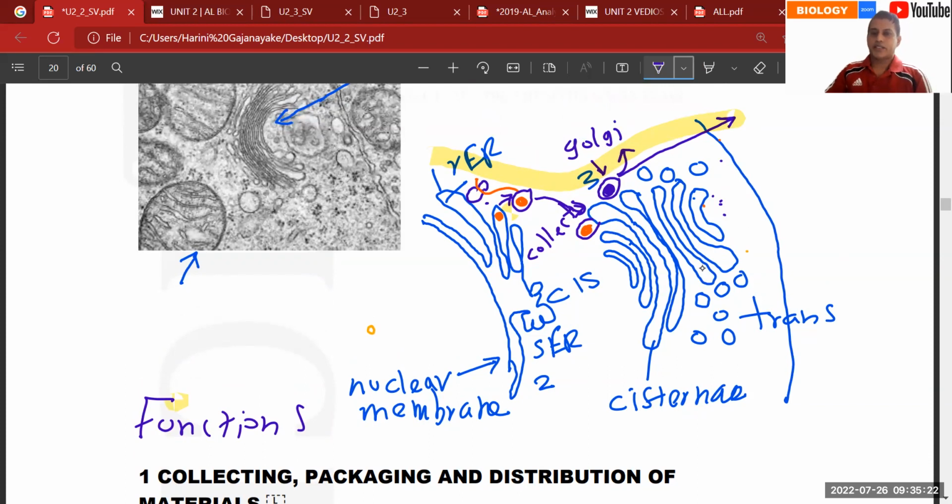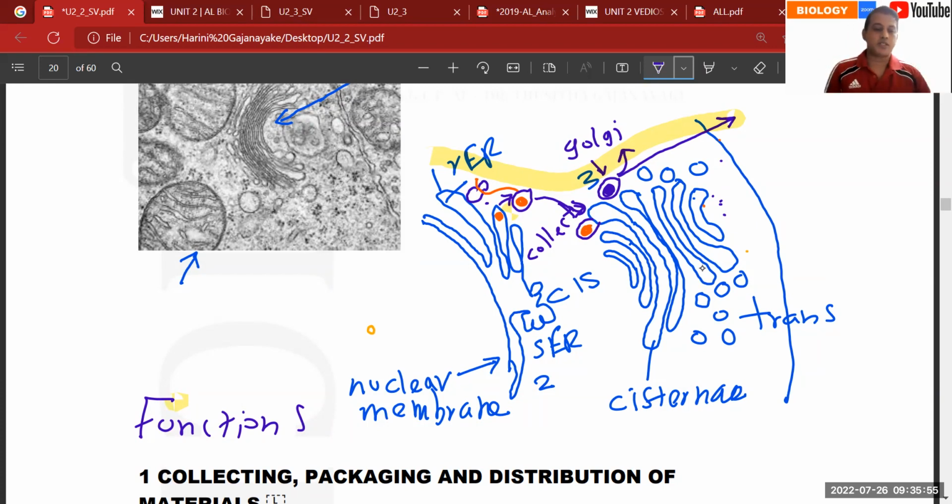Right. The second function. The second function is very important for plants because plant cells have a cell wall. Animal cells do not have a cell wall. Plant cells have a cell wall. This cell wall consists of a carbohydrate, a polysaccharide called cellulose.